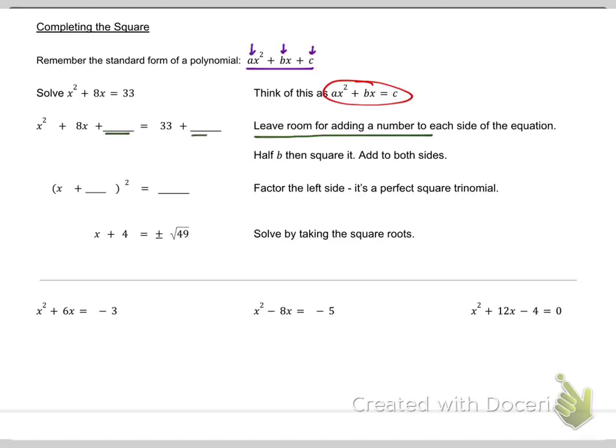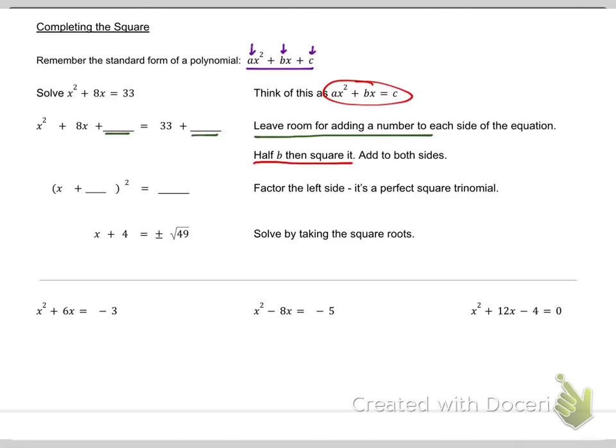We have these blanks that I have already drawn for you, but you'll have to draw them on your own when you're doing this problem. And you will need to draw a blank on each side because whatever you add to one side, you always must add to the other side. Then we're going to half b, that means take b and divide it in half.